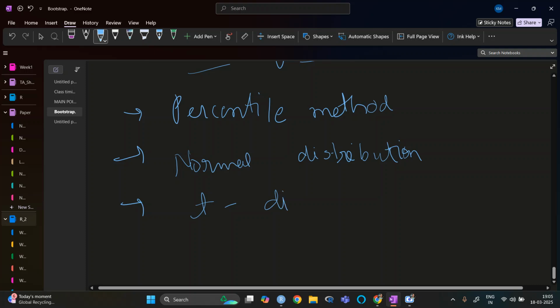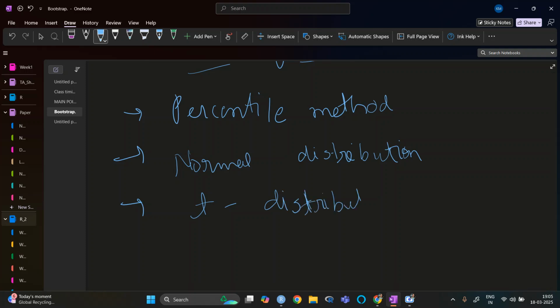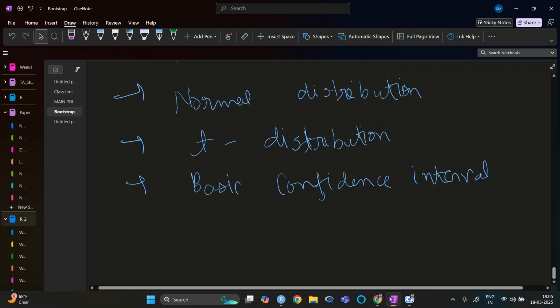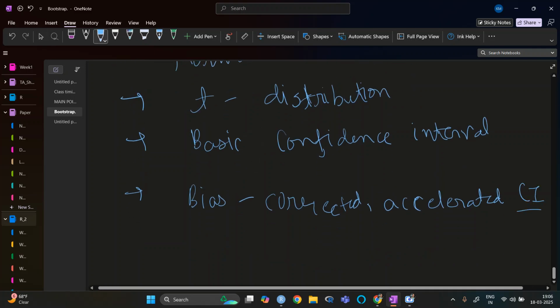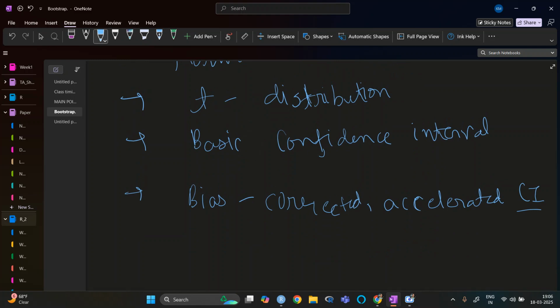After that, the t distribution. Then the basic confidence interval, and the next one is bias corrected and accelerated. So the confidence interval methods are: percentile, normal, t, basic, and BCa.